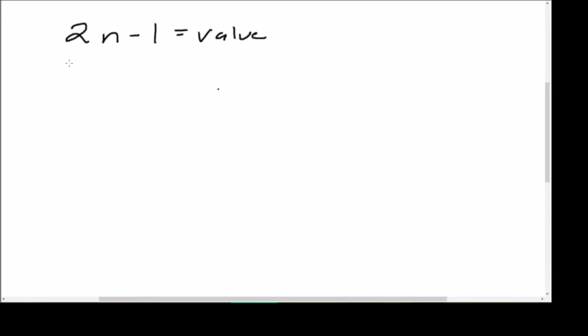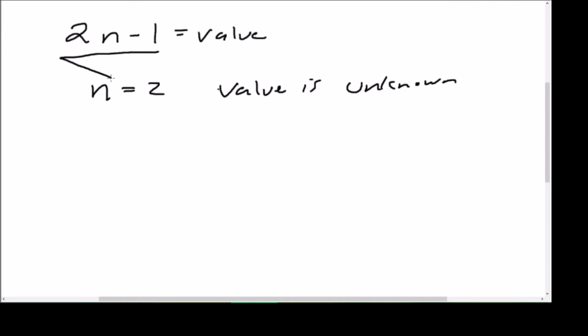So let's look at it as if when n equals 2, our value is unknown. If I apply this conjecture with this term, I should be able to tell you the value for that term. So 2 times 2 minus 1 is 4 minus 1, which is 3.